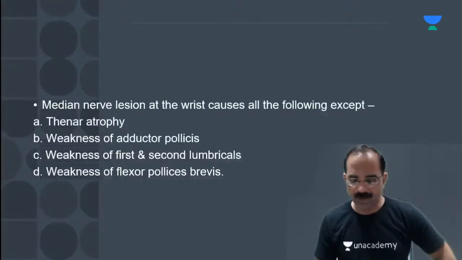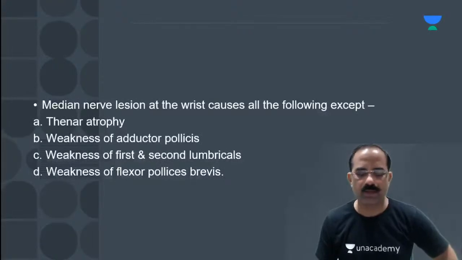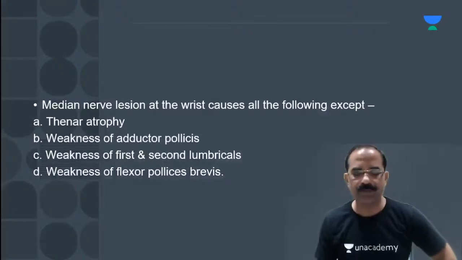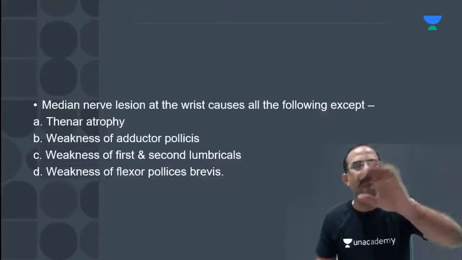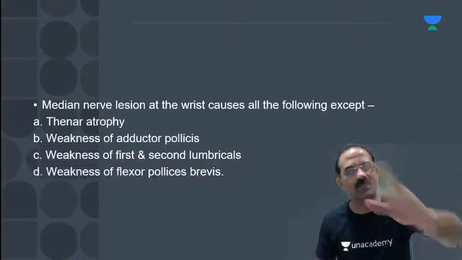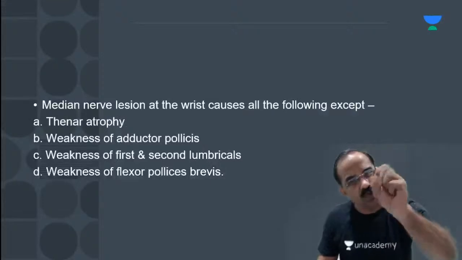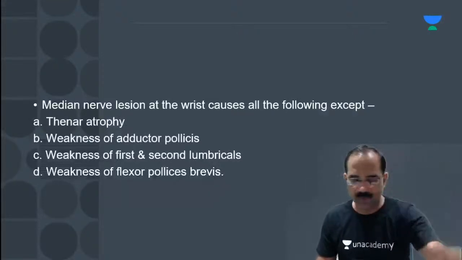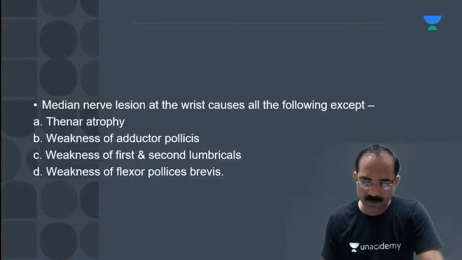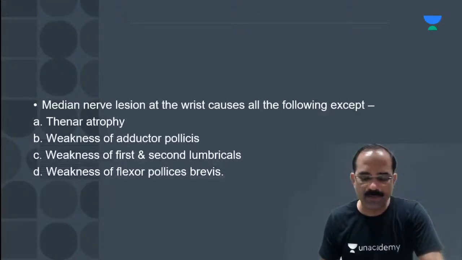See, when the nerve is injured, the muscles are paralyzed. So the muscles shrink, they become small in size. And what is this known as? Atrophy. So in median nerve lesion, weakness of the first and second lumbrical will be there.